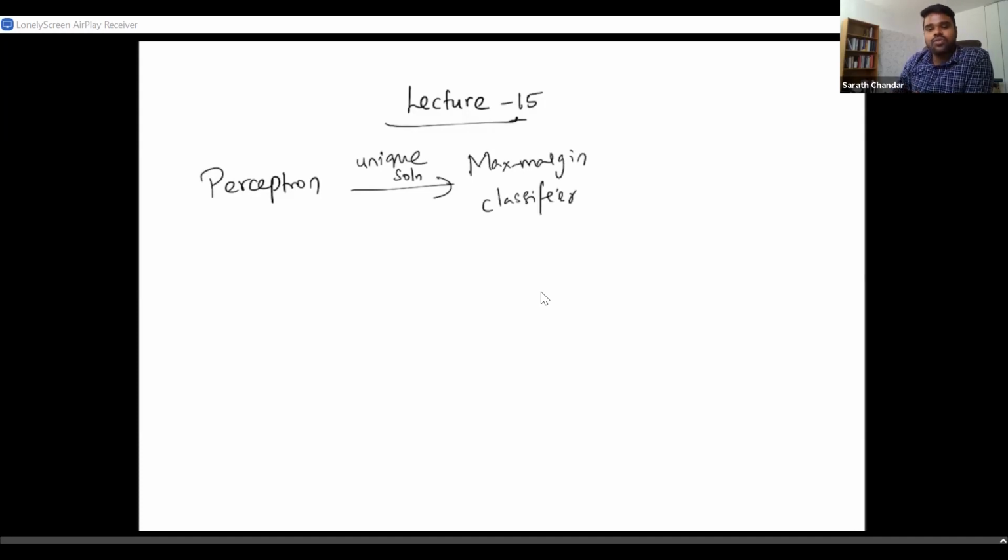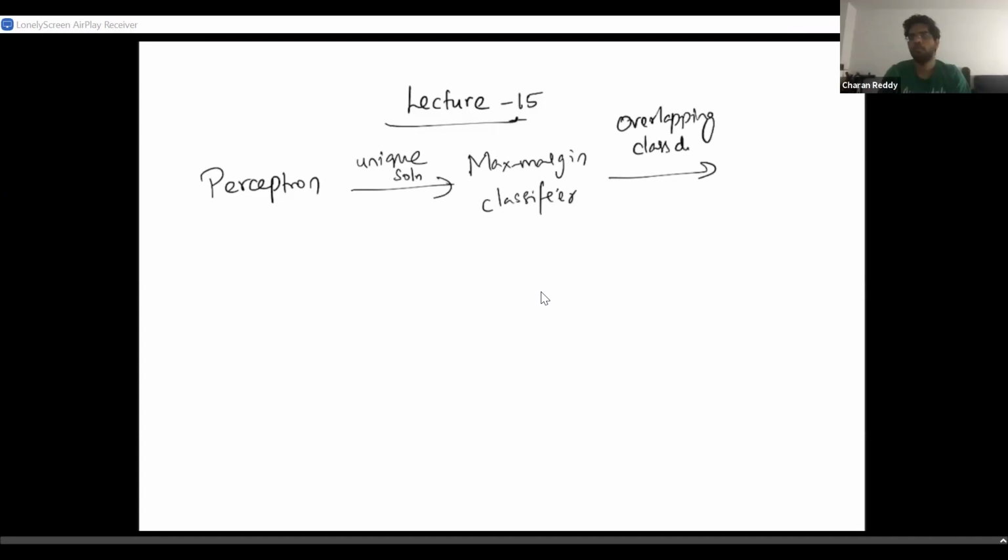And the second issue was that both the perceptron and the max margin classifier cannot work with overlapping class distributions. When the data set is not linearly separable, these two algorithms are not going to work. So we wanted to handle overlapping class distributions, and that resulted in the final support vector machine algorithm, right?